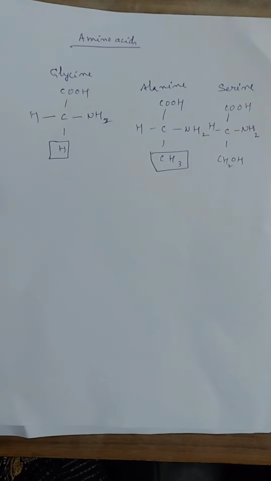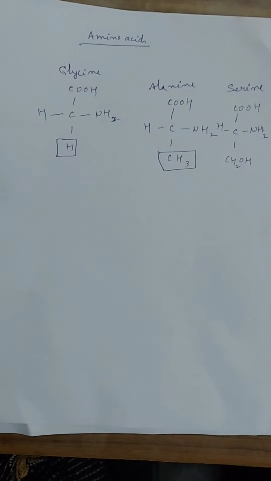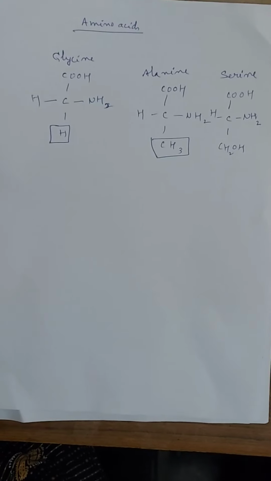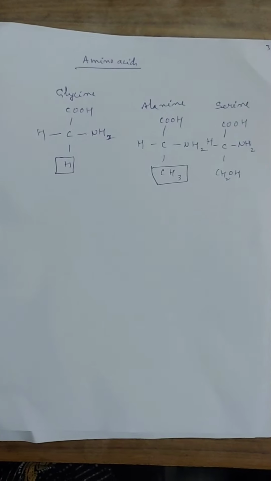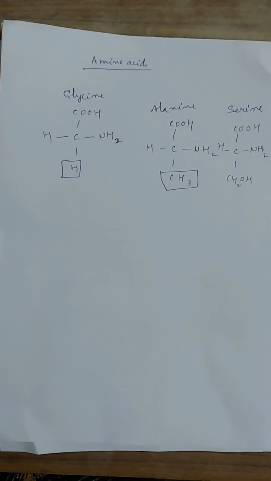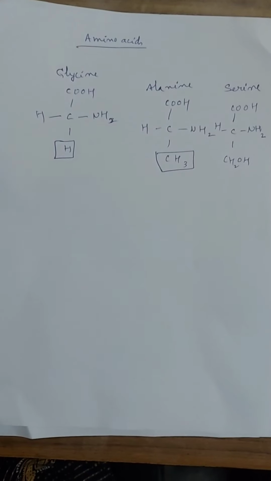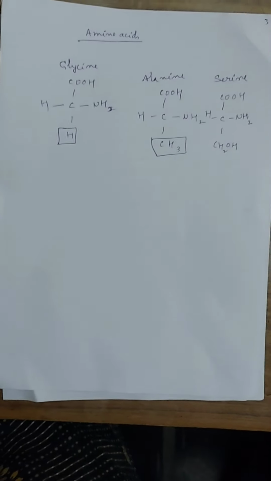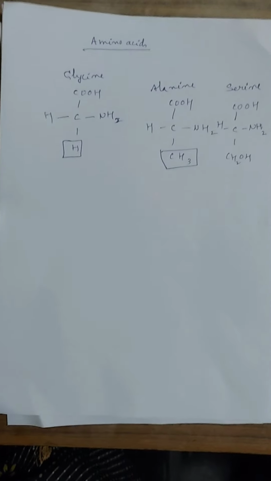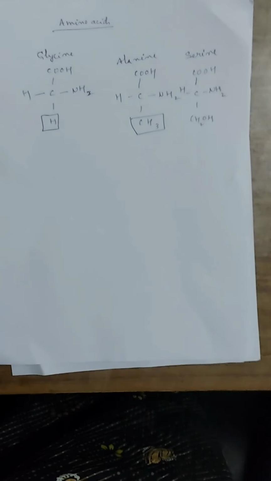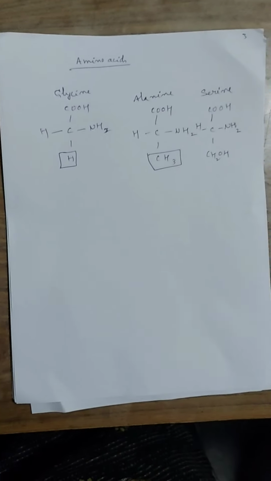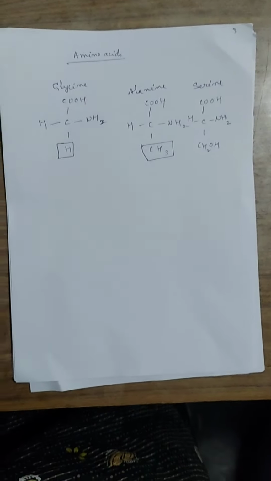Its R group is methyl: C, CH3, NH2, COOH, H. Next, serine. It is C, NH2, COOH, H, CH2OH. It is the hydroxymethyl group. So amino acids are glycine, alanine, serine. These are the different amino acids. You should remember all these structures.